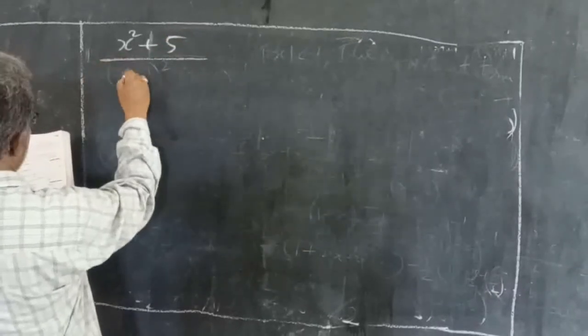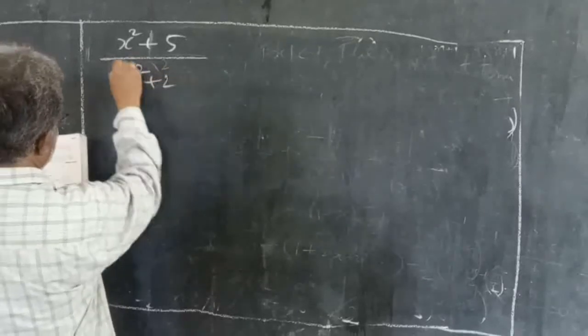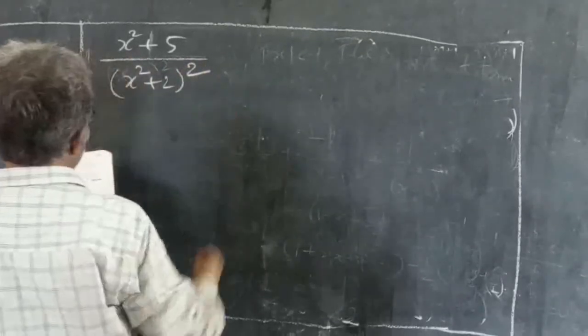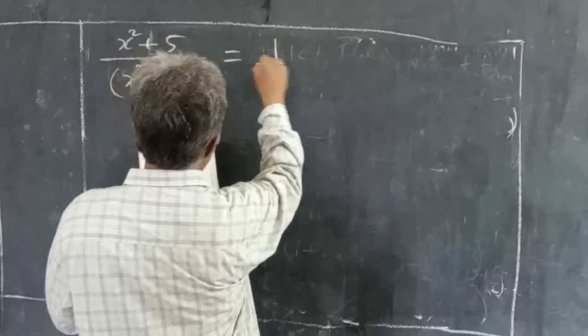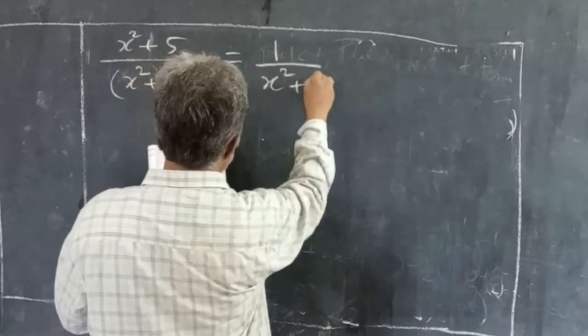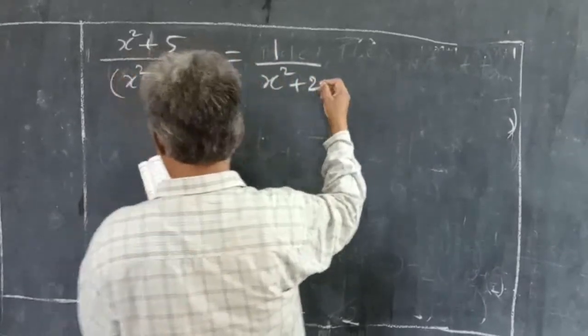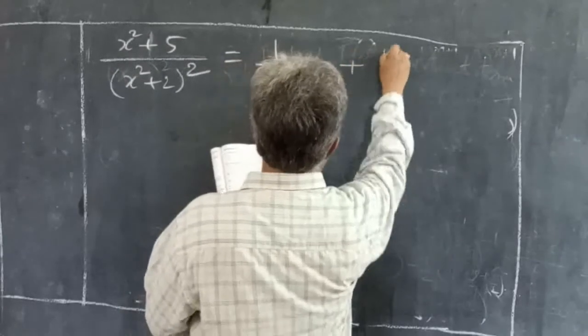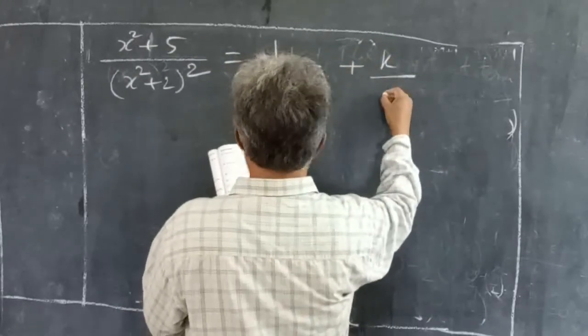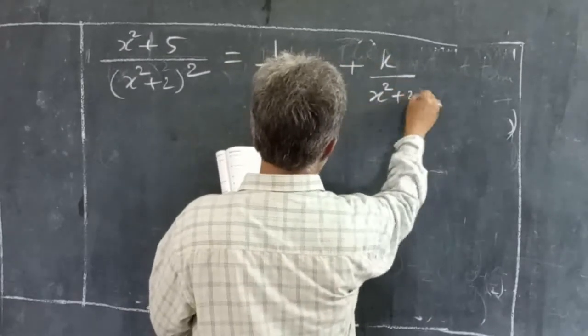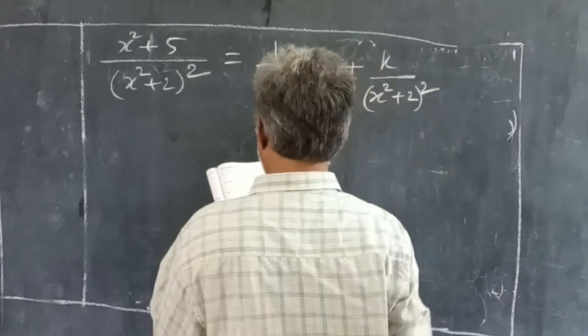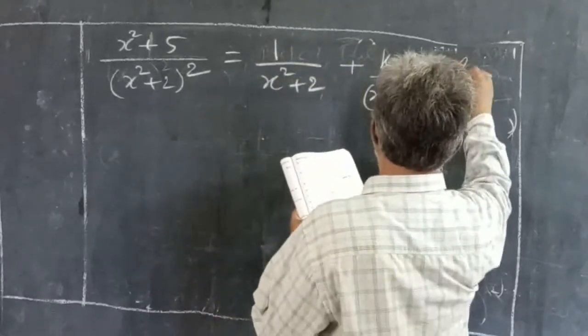5 by (x square plus 2) whole square equal to 1 by (x square plus 2) plus k by (x square plus 2) whole square. Then k equal to what?